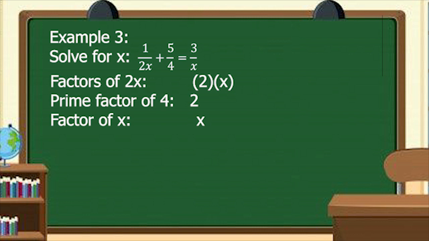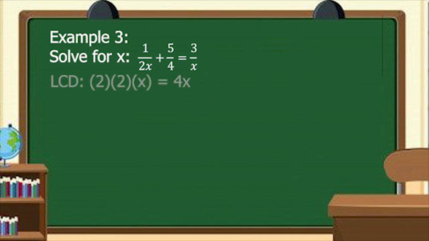Prime factor of 4 is 2. 4 is not included because 4 is a composite number. Factor of x is just x. Thus, we have the LCD of 2 times 2 times x equals 4x.